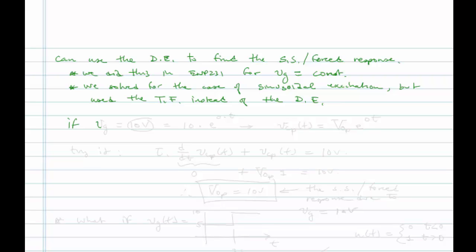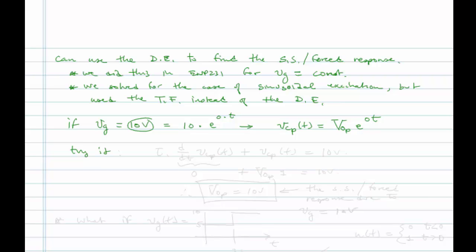So for instance, if Vg was equal to 10 volts in the current example we're looking at, we find that because this is of the form e to the st, and happens to be e to the 0t, we claim that the response, Vop, the particular or forced response, is going to be of the form some constant times e to the 0t. So you force it with a constant, and we claim that the response is a constant.